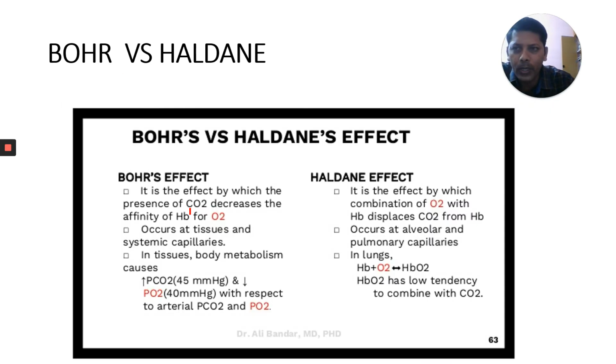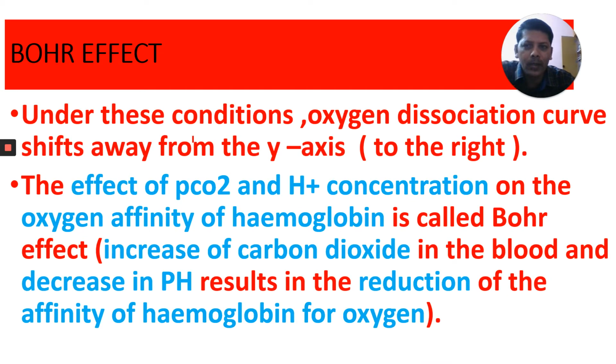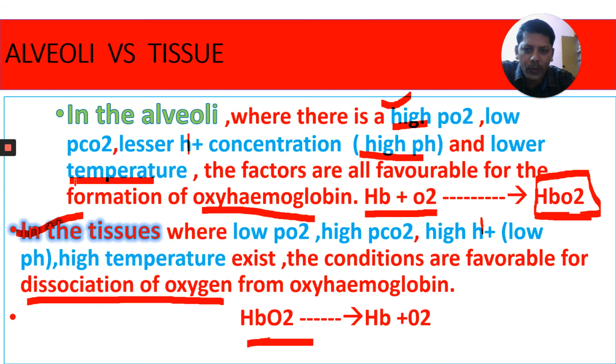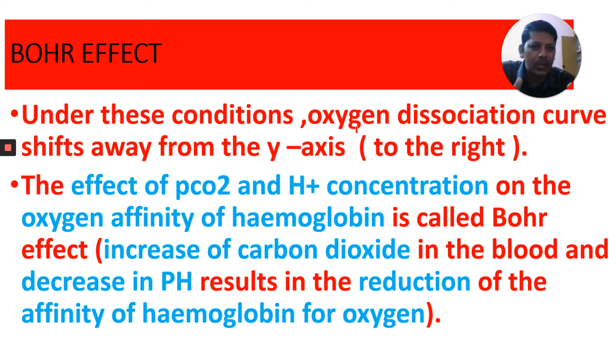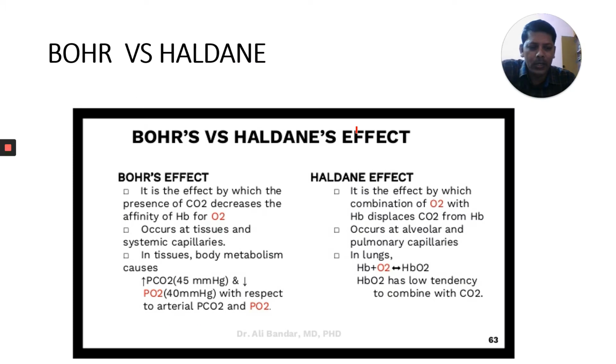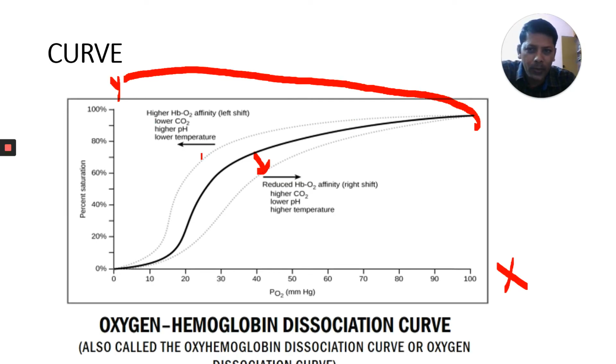Say again, what is the Bohr effect? Under what conditions? When there is a high PCO2, especially, and a high H plus ion concentration, under these conditions the oxygen dissociation curve shifts away from the y-axis and towards the x-axis.